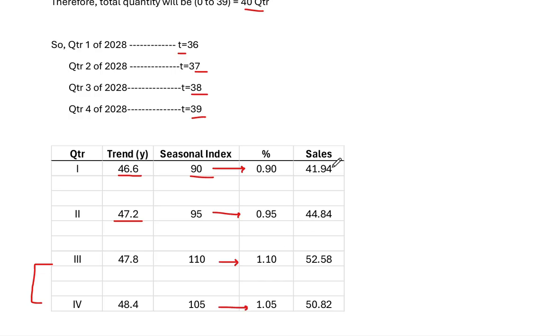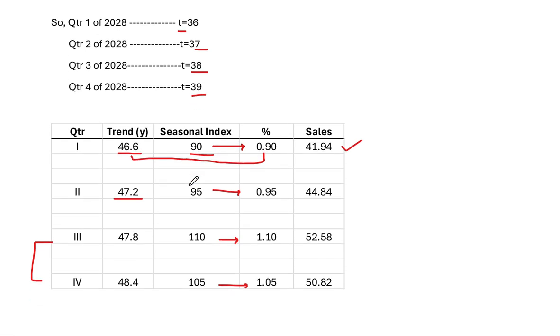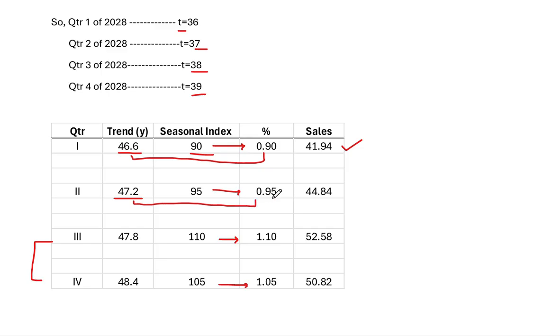Now finally we will calculate the sales value. So our trend value is 46.6. So 90% of 46.6 is 41.94. Simply we will multiply 46.6 into 0.90. For second quarter, 95% of 47.2 will be 44.84.